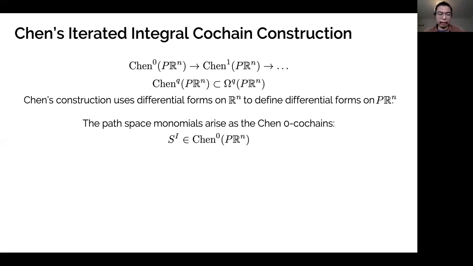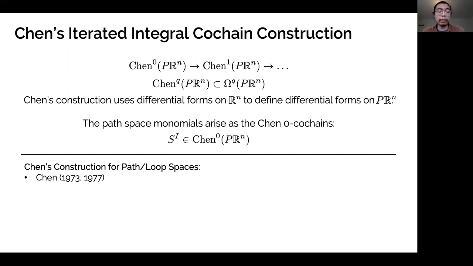This construction is essentially taking a map from the bar construction of the de Rham complex of the underlying space Rn into the de Rham complex of the path space. And we call the Chen construction the image of this map.